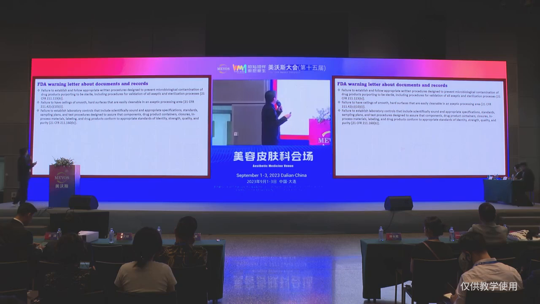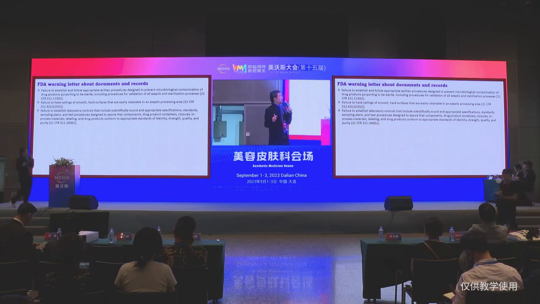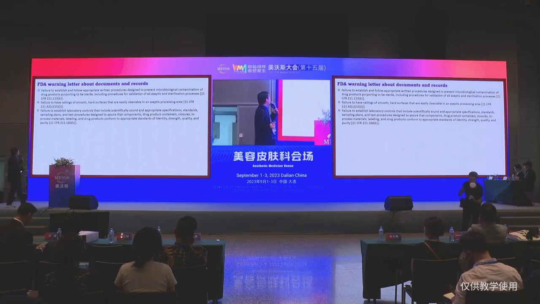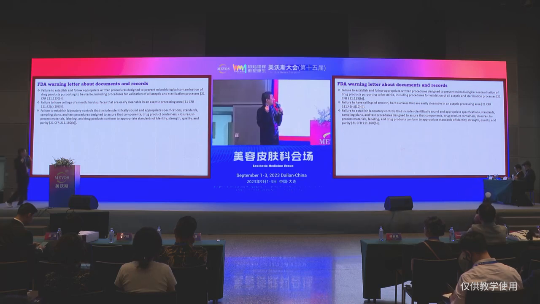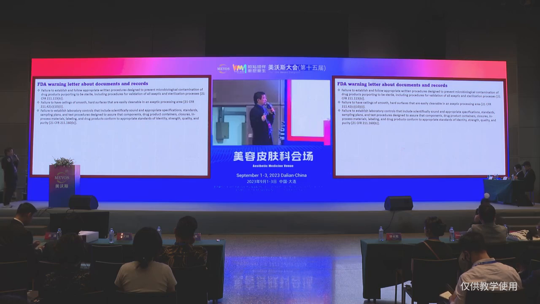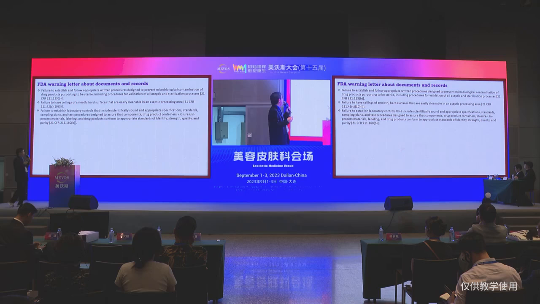What he said is failure to establish laboratory controls that include scientifically sound and appropriate specifications, standards, sampling plans, and test procedures designed to assure that components, drug product containers, closures, in-process materials, labeling, and drug products conform to appropriate standards for identity, strength, quality, and purity.